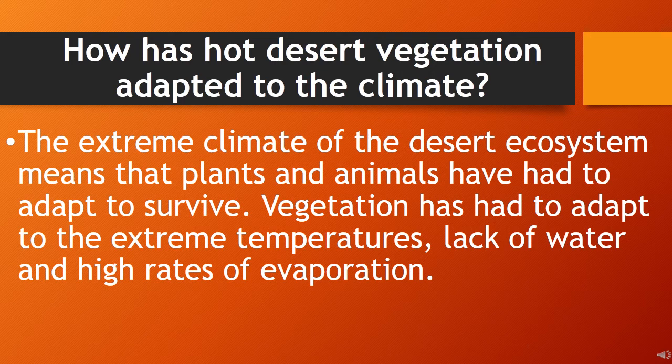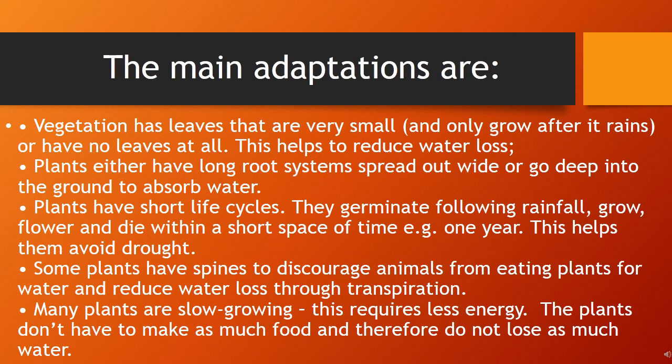harsh climate of deserts. Main adaptations are: vegetation has leaves that are very small and only grow after it rains, means they are very small or have no leaves at all. This helps to reduce water loss.